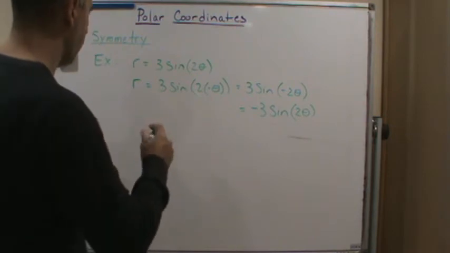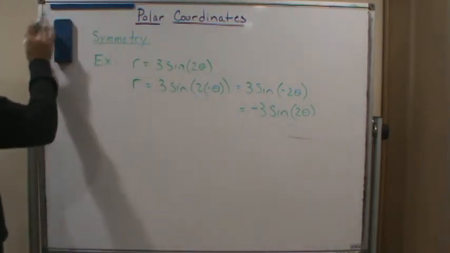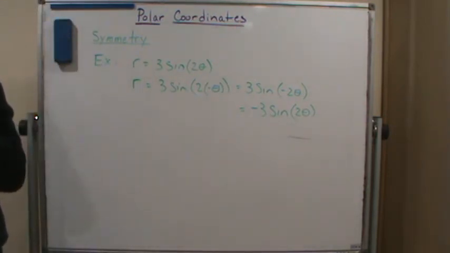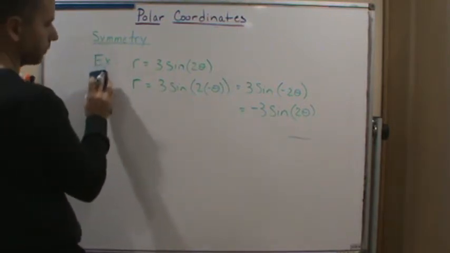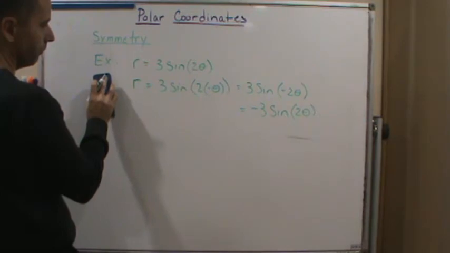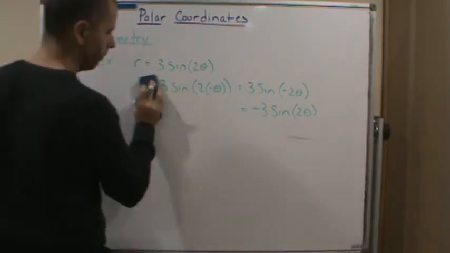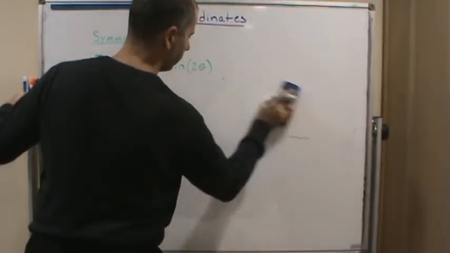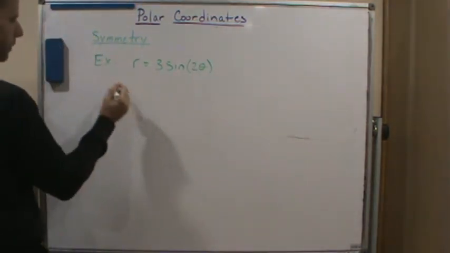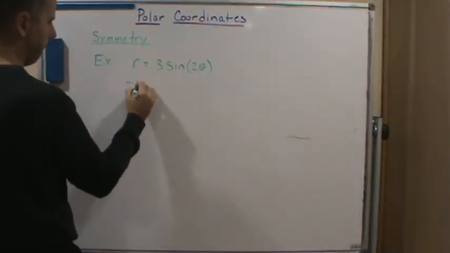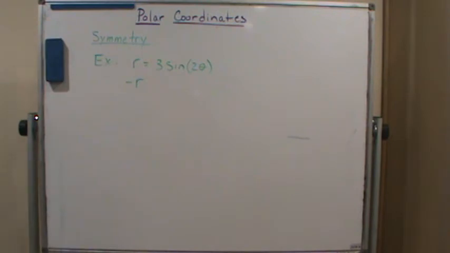Okay, so now let's replace r with negative r, and we're going to replace theta with pi minus theta.